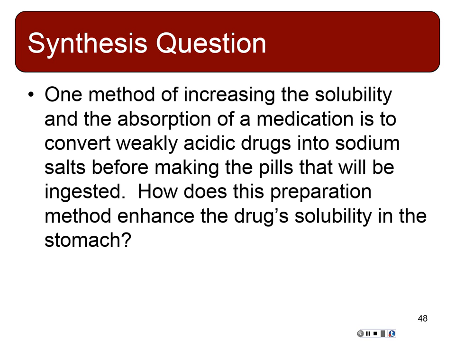Okay, so if we're going to convert it into a sodium salt, then we need to use a base that has sodium in it, right? So we could say NaOH is fine here. So we'll form water.